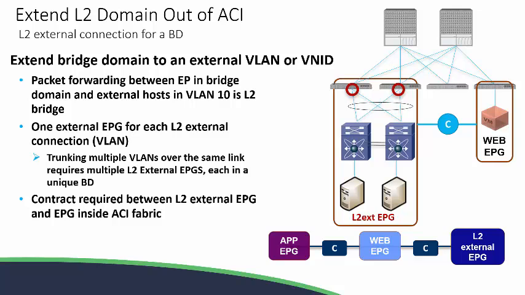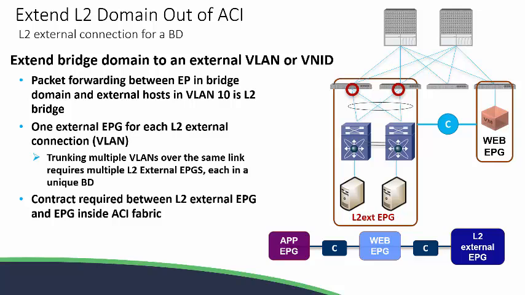A contract is required between the external EPG and the internal EPG, web EPG, in this illustration. In this example, this effectively is taking VLAN 500 in leaf 6 and bridging it to leaf 4 with policy enforcement. If there's a requirement for trunking multiple VLANs over the link, you must create multiple L2 external EPGs and associate each one to a unique bridge domain for each VLAN.